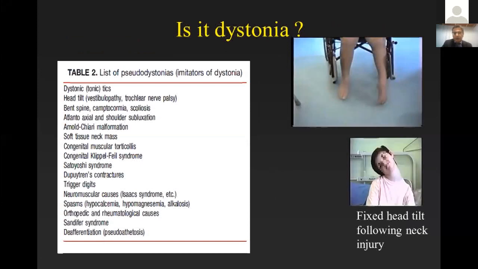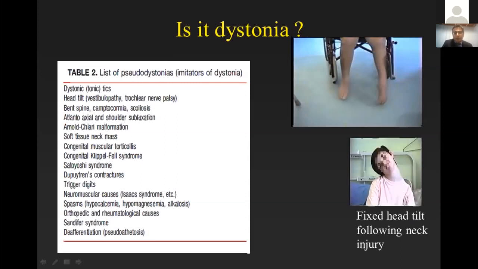So the first question I think you're faced with is, when you see a patient with an abnormal posture, is it really dystonia? Not all abnormal postures are dystonia. So we have a lot of what we call pseudo-dystonias or imitators of dystonia. For example, somebody may have a head tilt due to a vestibular problem or a trochlear nerve problem. You may have a spine which is bent with camptocormia or scoliosis.